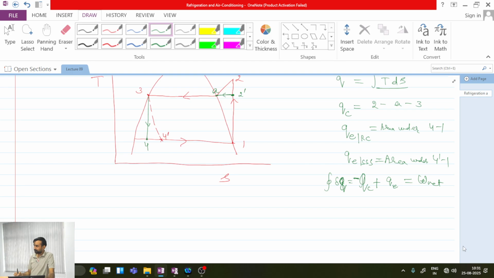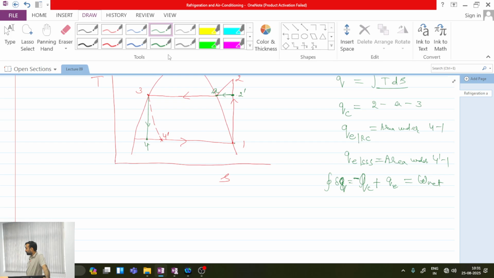For reverse Carnot cycle, 2 dash A3 is the rejected heat, and the heat added is from 4 to 1. So this minus this is the area enclosed by points 1, 2 dash, A, 3, 4, 1. This area is the work required by the system.